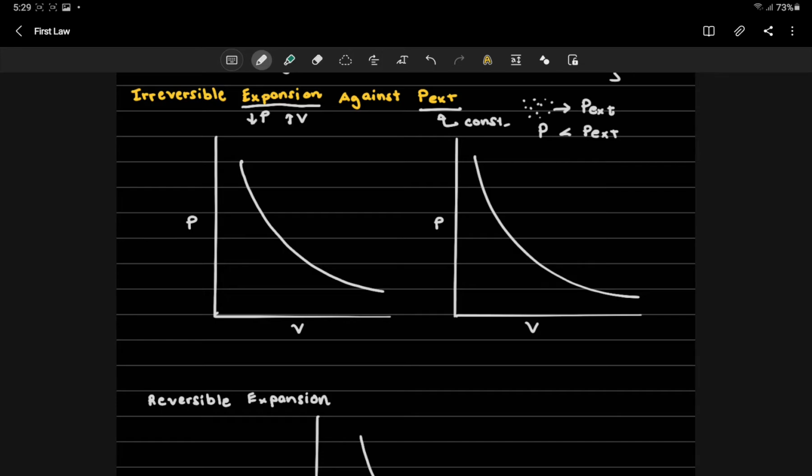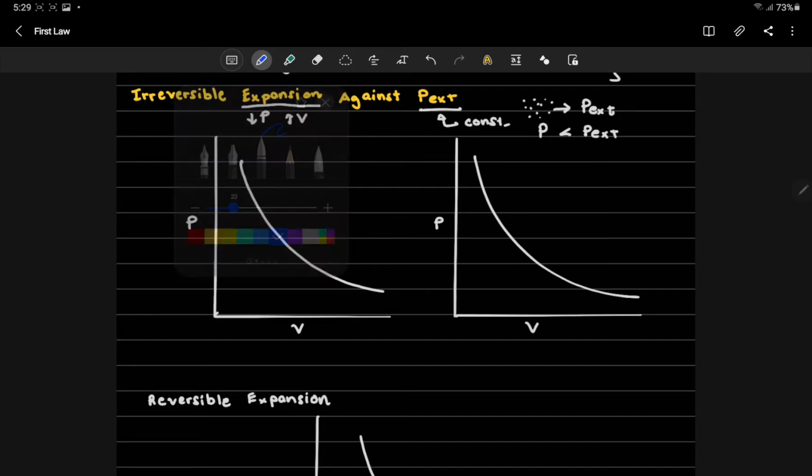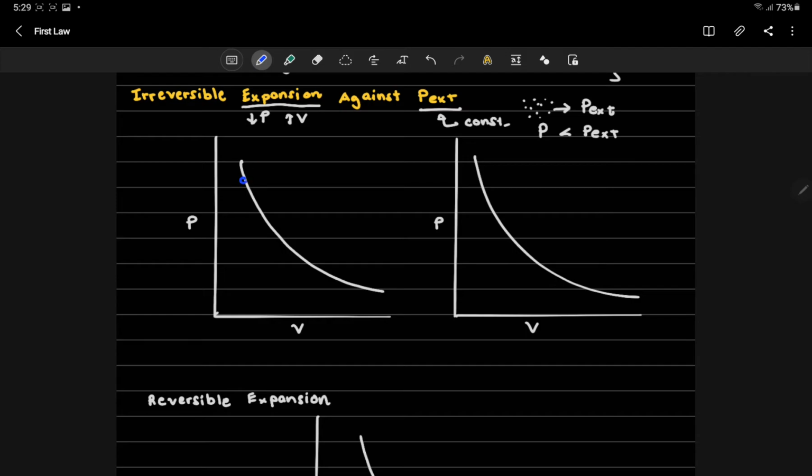Paano natin siya gagawin? So let's say you have here the isotherm or P versus V plot. And ang ating initial condition or initial state will be this point, for example. Kasi nga, expansion ang gagamitin natin or gagawin. And yung final condition natin is here.